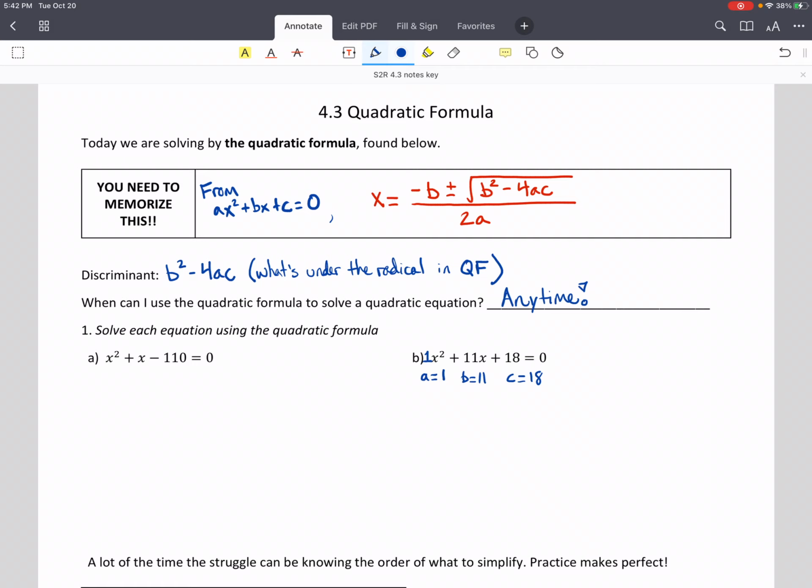So here's what I'm going to do. I'm going to say x equals negative b. Well, if b is 11, then negative b is negative 11. And I've just decided I want to color code this. So b equals 11, c equals 18.